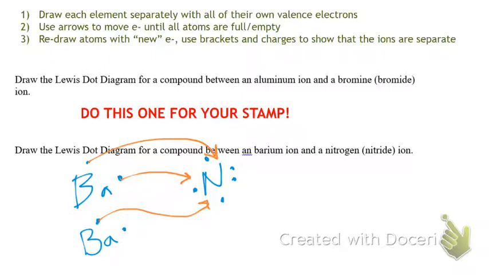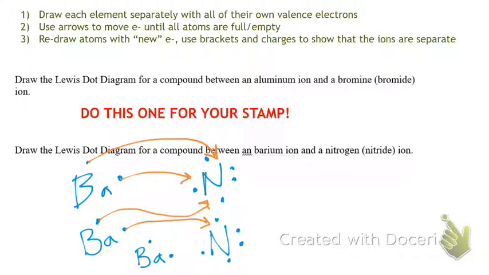So I need another nitrogen to give that enough space to get rid of it. This nitrogen is going to look just like the last one. And now my barium's electron has a place to go, filling in this space on this nitrogen. But now this nitrogen has more spaces to fill in, and I have to add another barium in order to give it electrons.